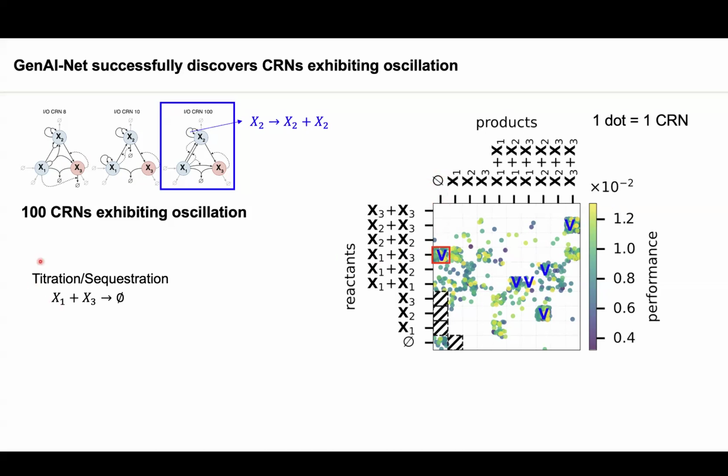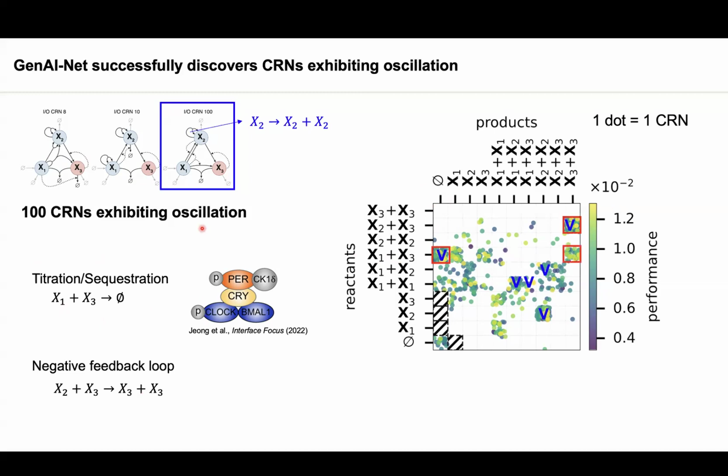In a more biological sense, it can be seen as a titration or sequestration, and this titration and sequestration is a key mechanism of our circadian clock. Another representative example is x2 plus x3 to x3 plus x3, and x1 plus x3 to x3 plus x3.